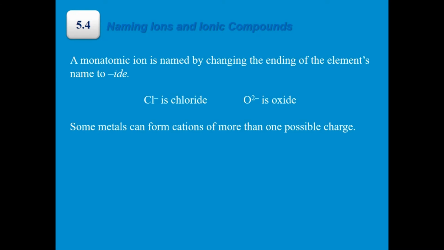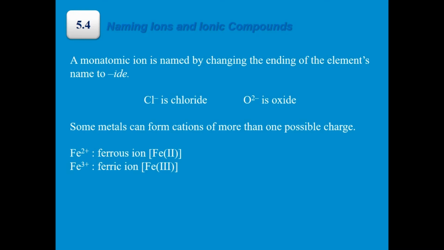It can have more than one charge. Iron 2, or the ferrous ion. These are your transition metals, the ones located between the alkaline earth metals and the one in the middle of the periodic table. Then you have the ferric ion, which is iron 3.